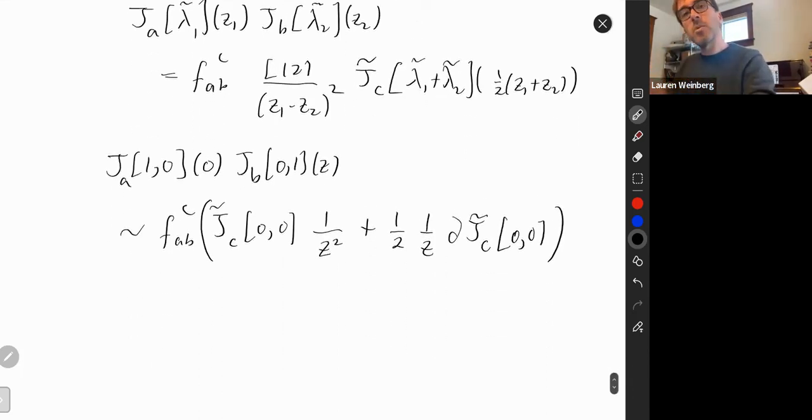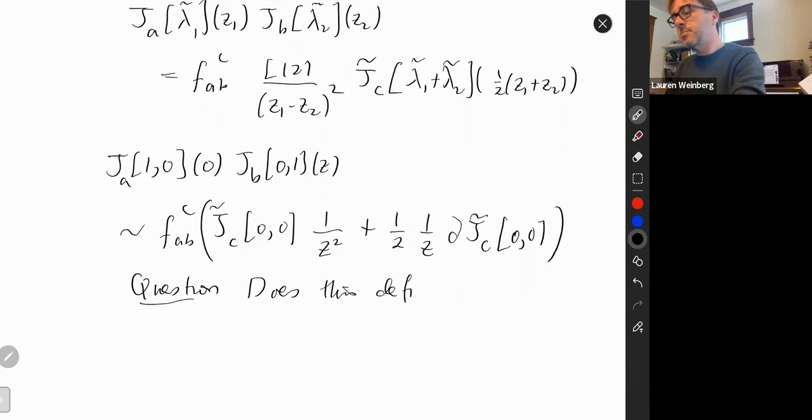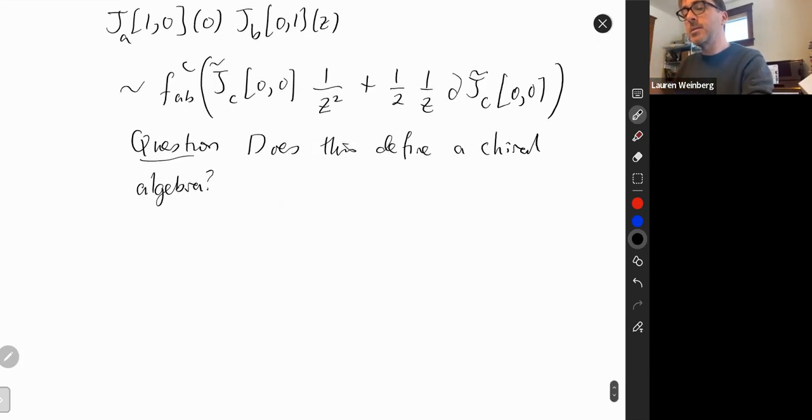Okay, so question. Does this define a chiral algebra? And the answer is no. It fails to be associative.